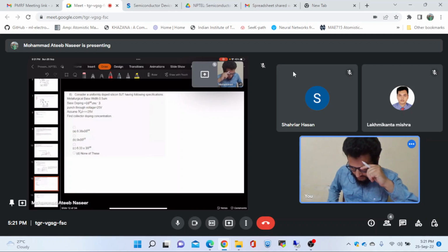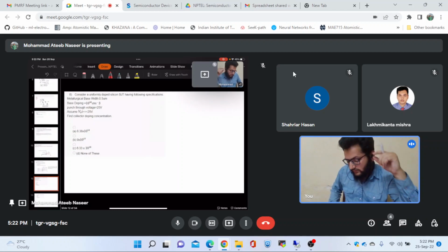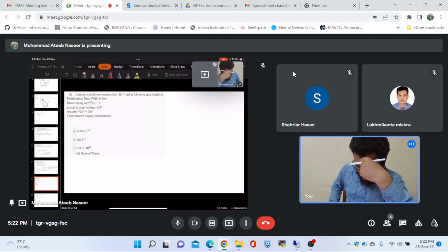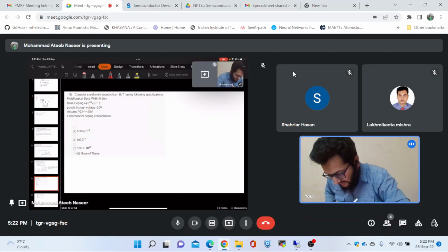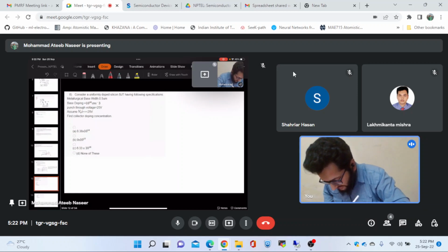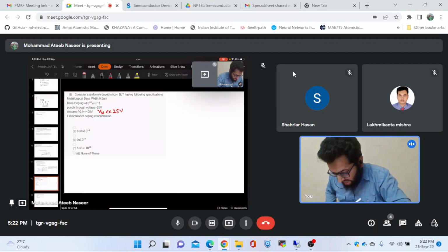Similarly, we have been told to assume that VBI is much less than the applied bias of the punch-through voltage, that is 25 volts. This VBI should be in subscript. So VBI should be much less than 25 volts.